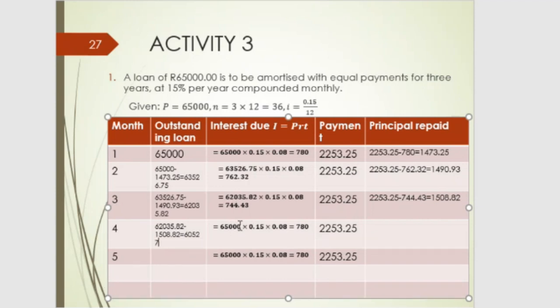Then you take that value here, 60,527, multiply by 0.15, multiply by 0.08, 726, let me say 32.